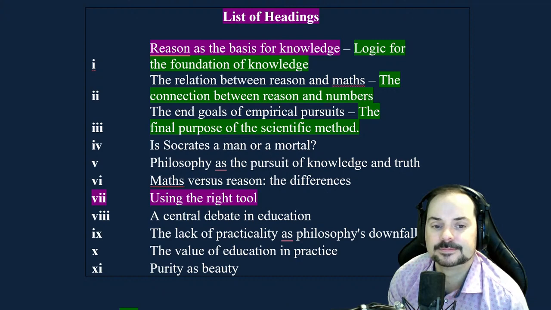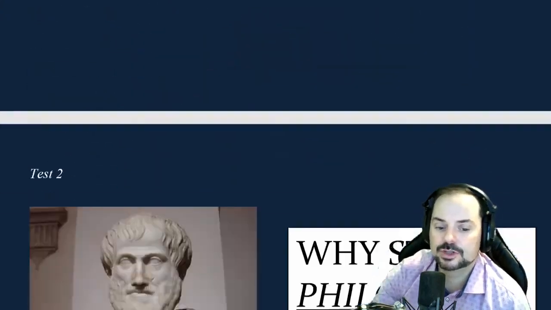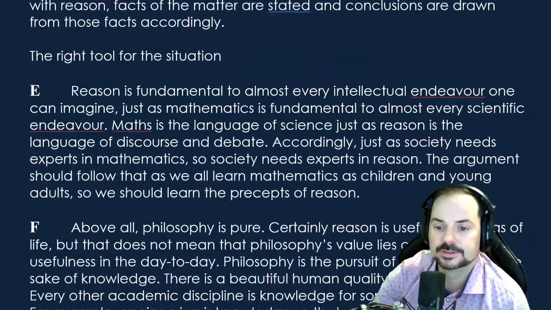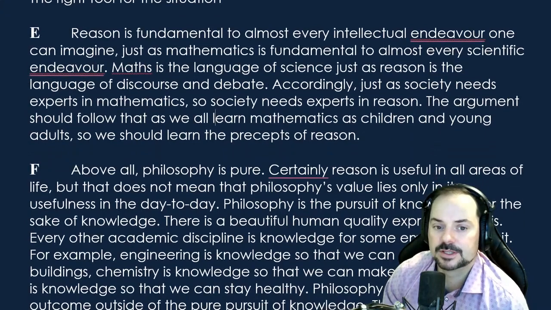I think 6. So read number 6 for me. Math versus reason, the differences. Okay, is this paragraph talking a lot about the differences between math and reason? Yes. Are you sure? Did you see the word differences in this paragraph? Show me where you see the word differences.